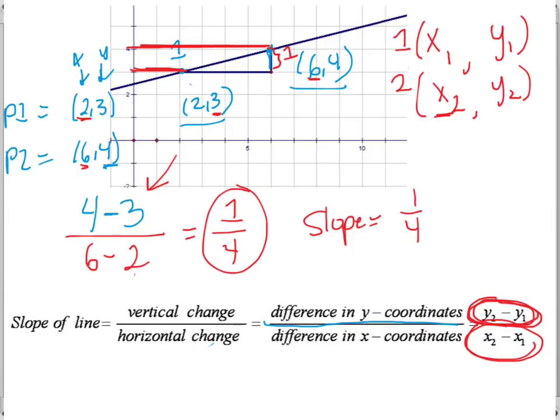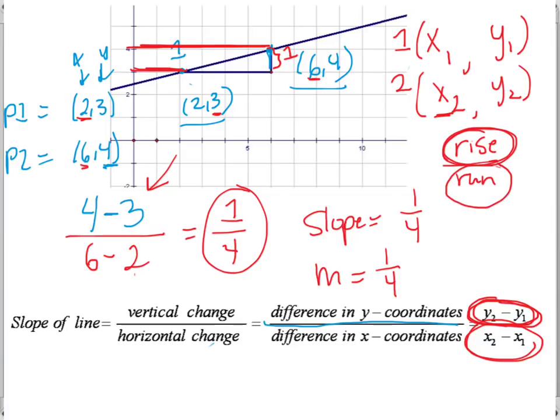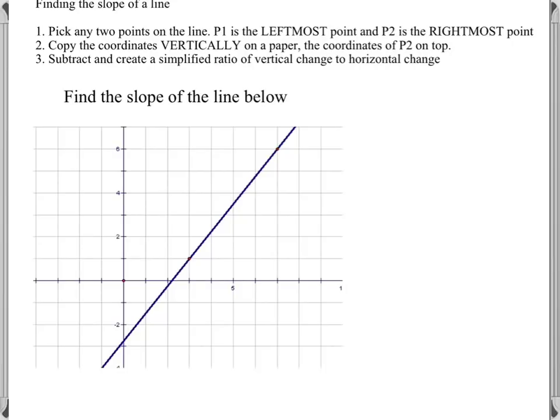We often write slope with a lowercase m, so m is equal to 1/4. Slope is often referred to as the rise over the run. Rise means the vertical change, either up or down, and it forms a ratio with the run, which is the horizontal change.